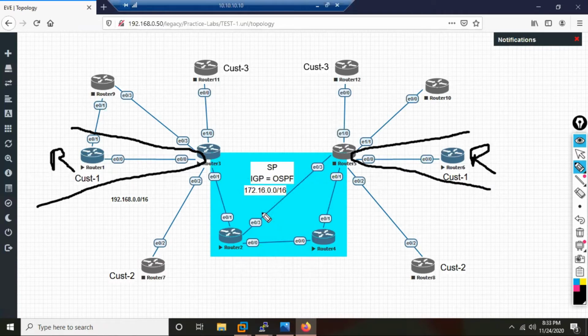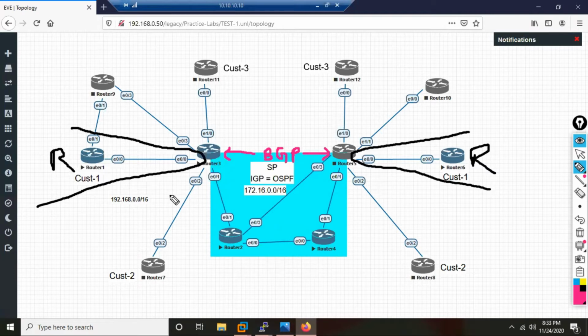So what does the service provider run? They are running basically your BGP. BGP is running between your P routers. Because of BGP, now you are able to carry any number of customer routes. Okay, that is one thing.